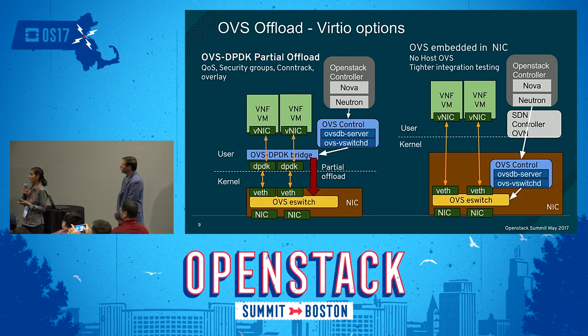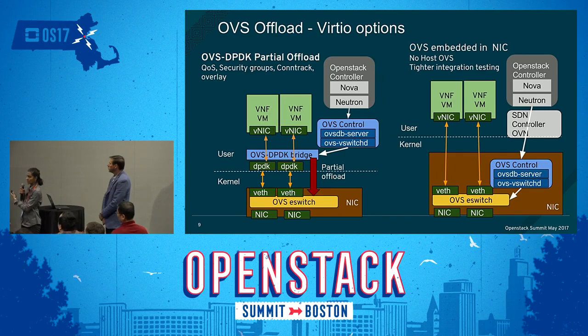You could still do that and still have pretty good performance. Or you can do another option that another NIC vendor is looking at, where they move your OVS completely into the NIC. There is no OVS in the host, and then you have to worry about tighter integration testing because now you have to deal with OpenStack talking directly to the NIC or through an SDN controller.